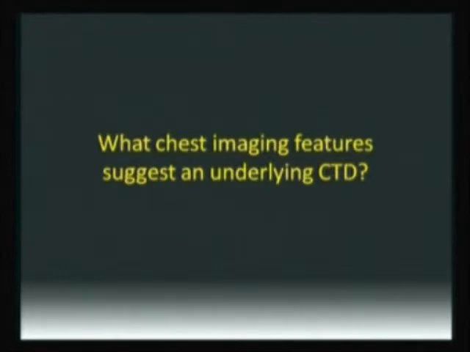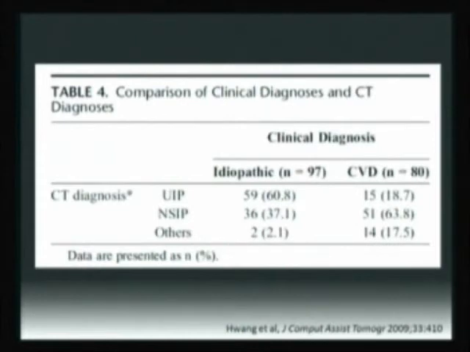One of the last questions, if you look at the high-resolution CT scan: is there anything suggesting to you that this disease can be related to connective tissue disease? Yes. So these are idiopathic interstitial lung disease and connective tissue disease related, and you see very clearly that the CT diagnosis is different.